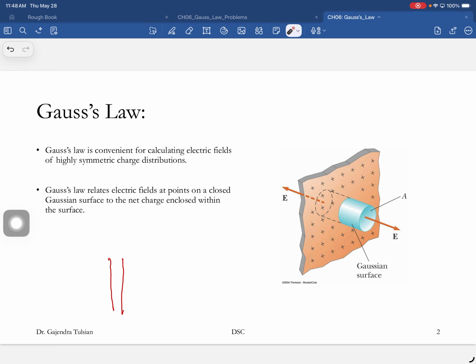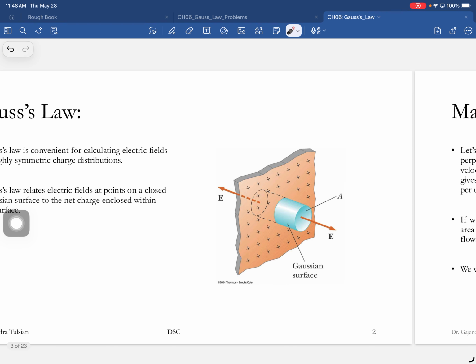If more lines are leaving the surface than entering it, the net flux is positive. So here's the surface. You can count the lines. If 100 lines are leaving and 90 lines are going in, the net flux is positive. If 80 lines are leaving and 120 lines are going in, then the net flux is negative, minus 40.